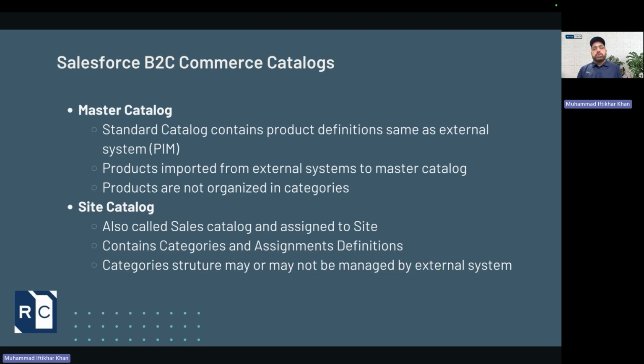We also refer to a site catalog as a sales catalog. This is actually the way the merchants present their products on their storefronts. They create different hierarchies of categories, which could be based on their campaign, or on different seasons, seasonal catalogs like a summer catalog, winter catalog, or any occasional catalog.